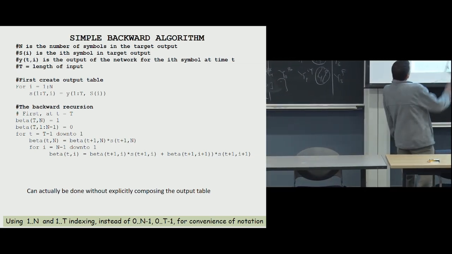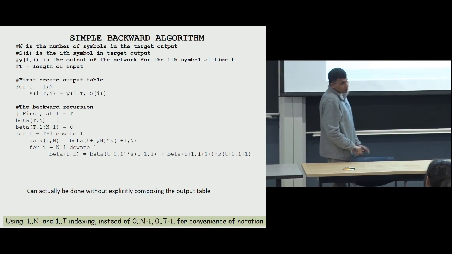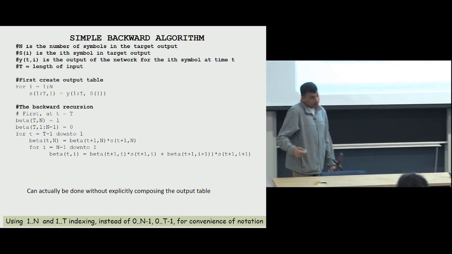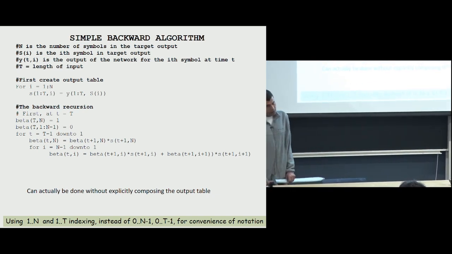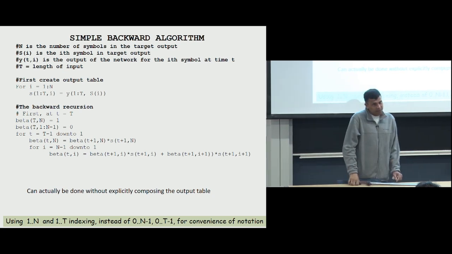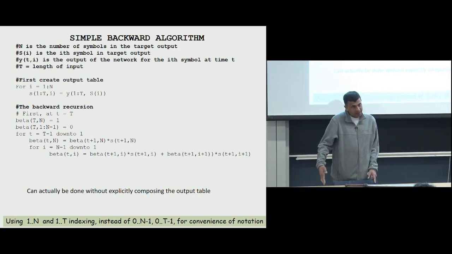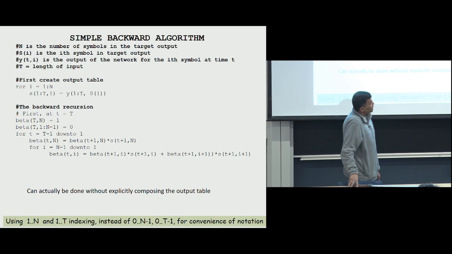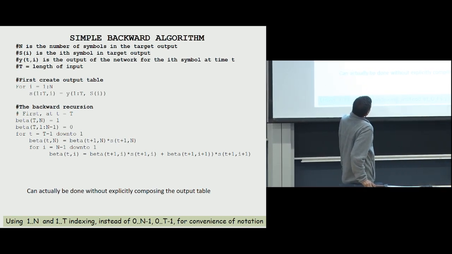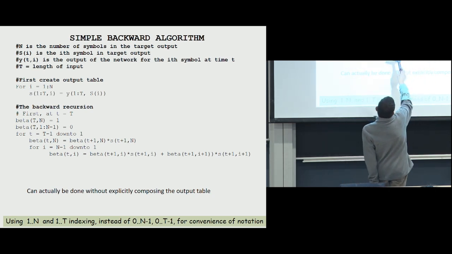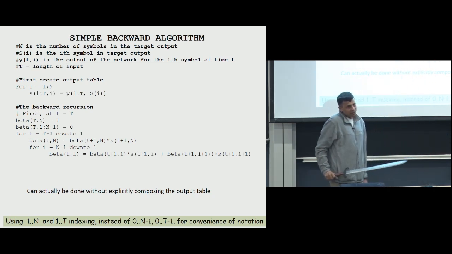In the simple version, look at what we are doing. We are going through the set of symbols in the output. N is the number of symbols in the output. You're pulling out the row corresponding to that symbol, and you're creating an explicit table which just includes those rows, where some rows might occur multiple times. But it turns out you don't have to do it explicitly, because S_t,i is simply going to be y_t of s_i.